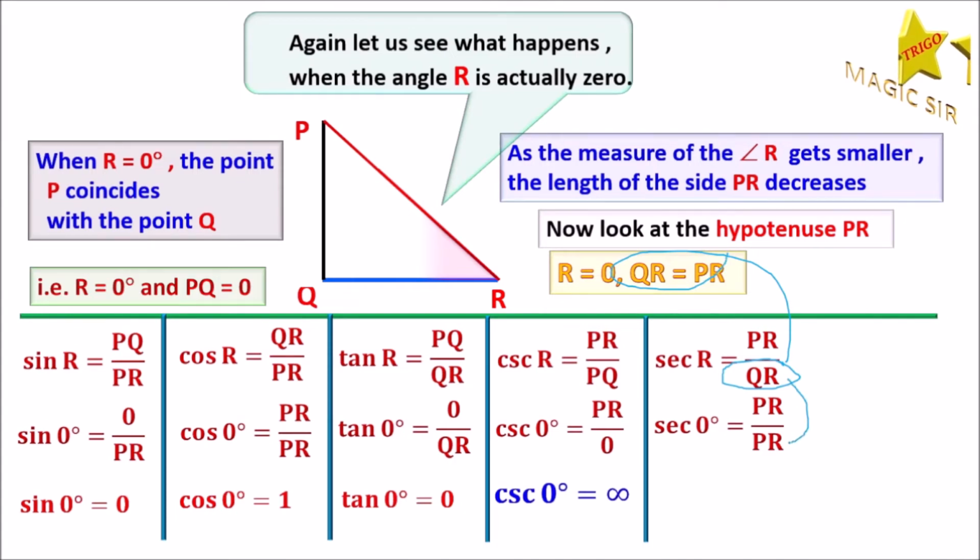So sec 0 degrees is equal to PR upon PR. So PR upon PR is equal to 1. Therefore sec 0 degrees is equal to 1.